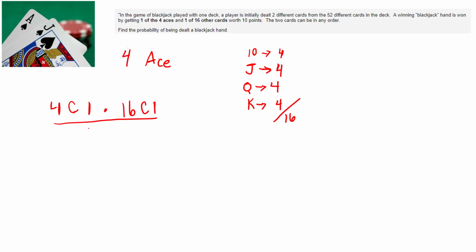And then remember, the sample space is always how many total cards and then how many you draw at a time. So that's the 52 cards total, and you draw 2 at a time.